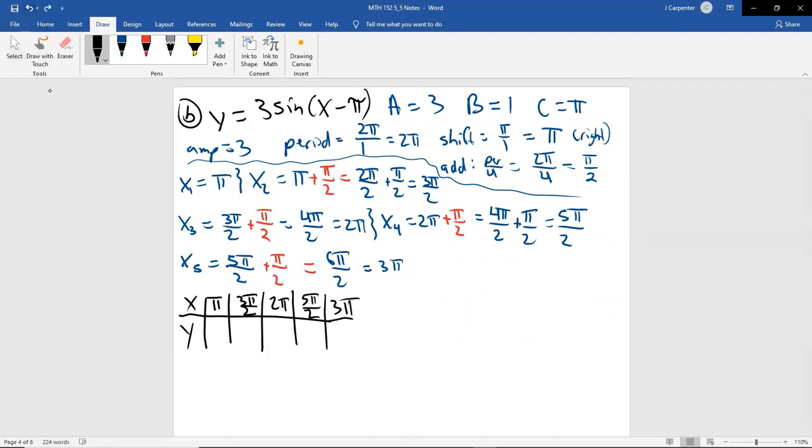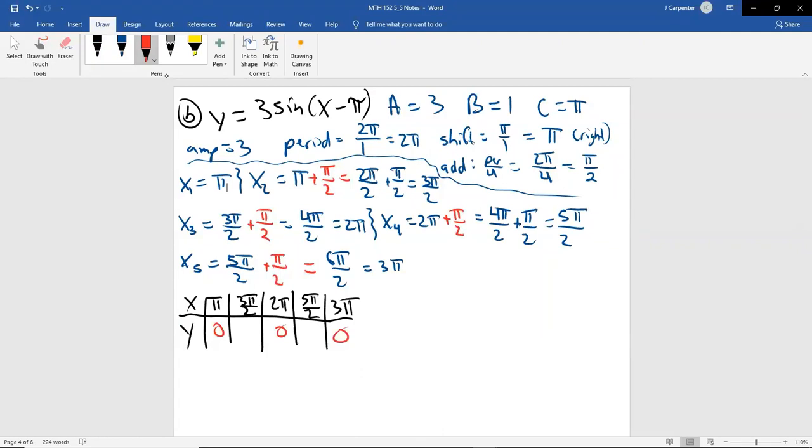Now the y values, I've already said that if you practice this stuff enough, you can pretty much know this out of the gate. So I'm going to do this my shortcut way, but then I will show at least some of the algebra, some of the trigonometry. So this is the assumed form. I know sine, the first, third, and fifth, they're always zeros every single time, no matter what.